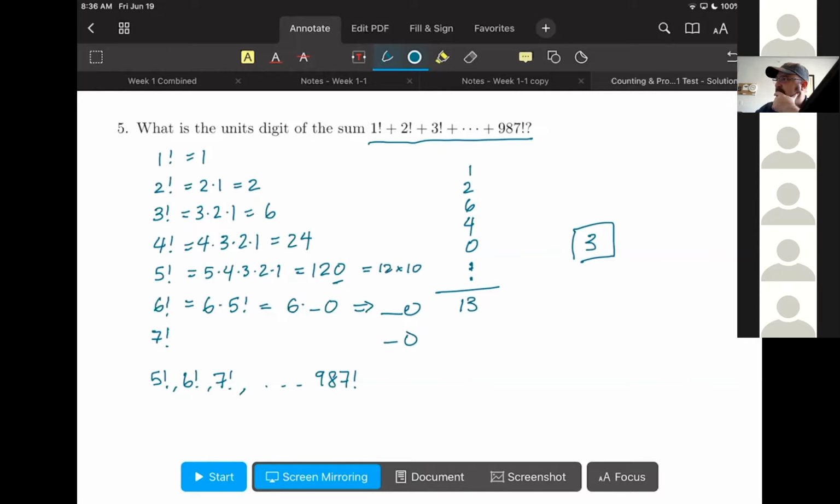Gotcha. I think that one was one of mine. Let me just look up which number that was.